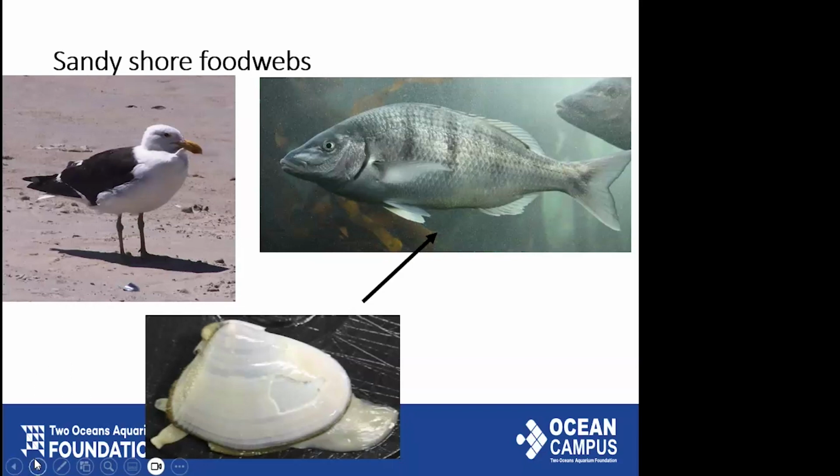And then, as you saw in the previous video with the rocky shore, they'll fly up into the air, drop the mussel down on a hard surface to crack it open, and then dive down to consume the soft body parts.